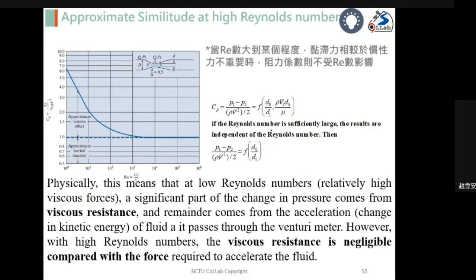If the Reynolds number is large enough, the results are independent of the Reynolds number. So we know that Cp, the pressure coefficient, is only a function of the diameter ratio. These two equations highlight some ideas for the Reynolds number and the pressure coefficient.